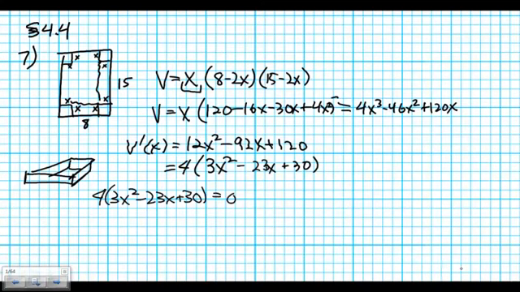So, x is equal to the opposite of negative 23 plus or minus the square root of 23 squared. Well, when it's squared, the negative is going to go away anyway on the inside, so I'm not too worried about it. Minus 4 times 3 times 30, all over 2 times 3.